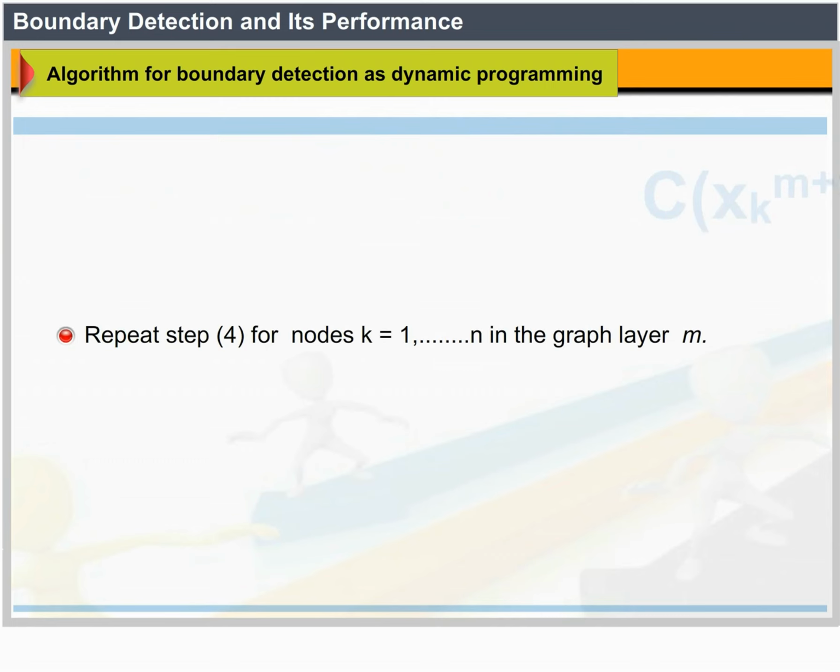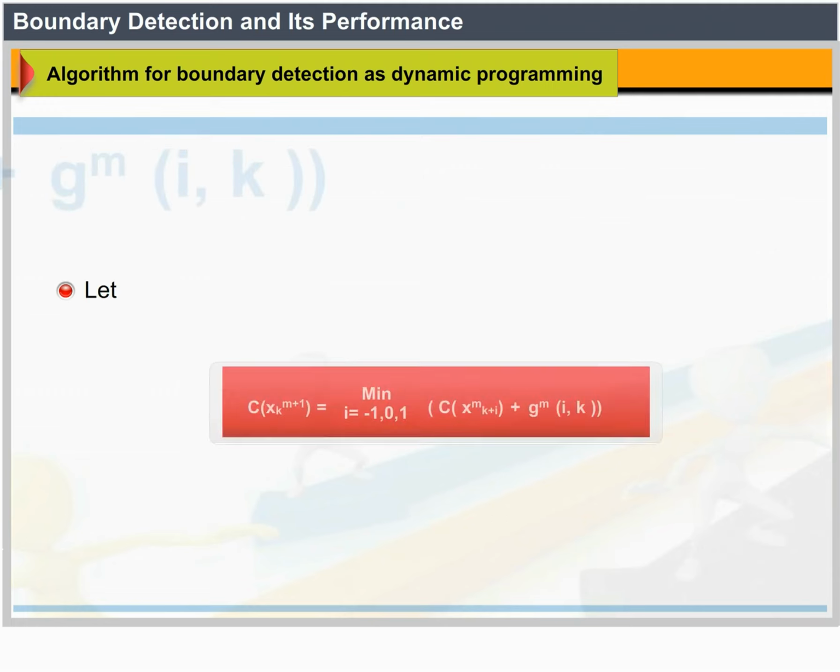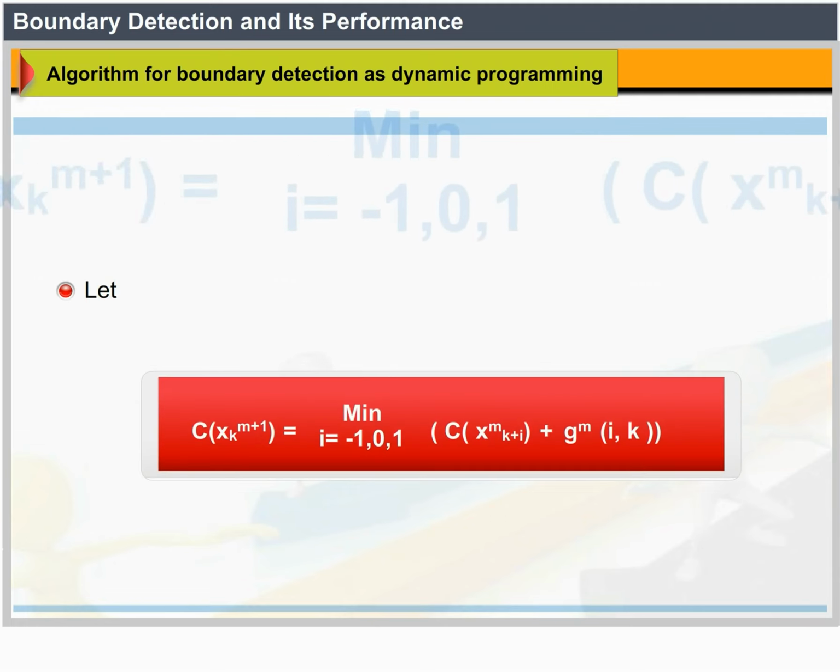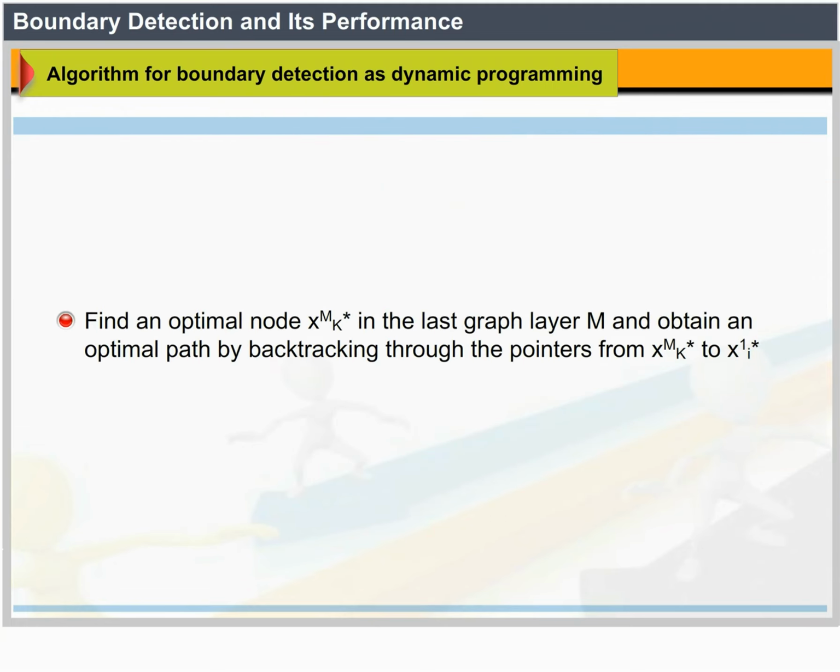Repeat step 4 for all nodes k equals 1 to n in the graph layer m. The following cost equation results. Find an optimal node x_k^M star in the last graph layer M and obtain an optimal path by backtracking through the pointers from x_k^M star to x_i^1 star.